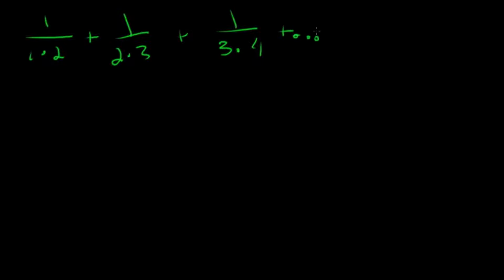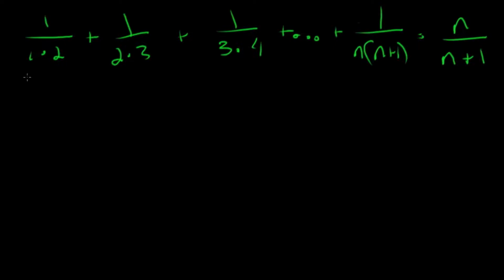So here's another example. We have 1 over 1 times 2 plus 1 over 2 times 3 plus 1 over 3 times 4 all the way up to 1 over n times n plus 1. And we're going to try to prove that that is equal to n over n plus 1.